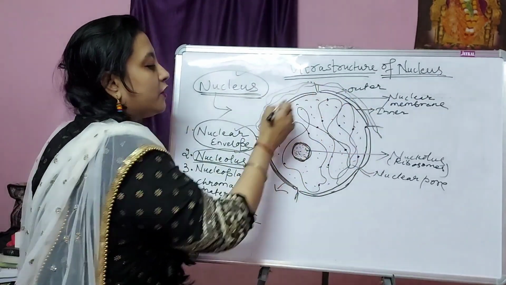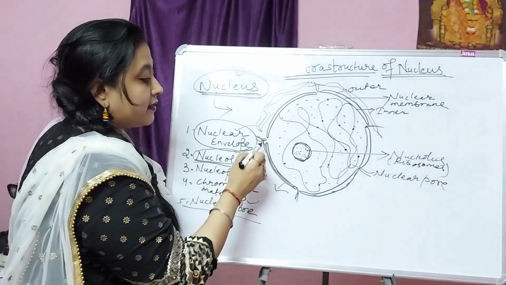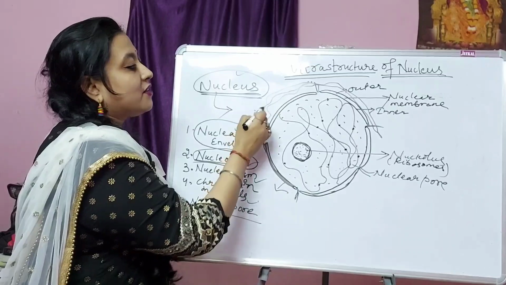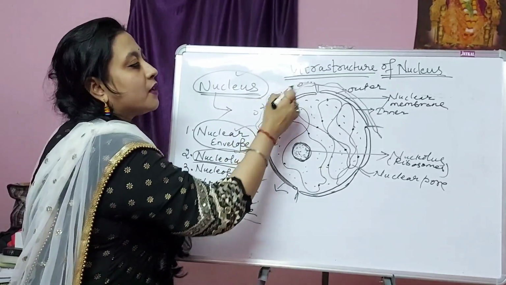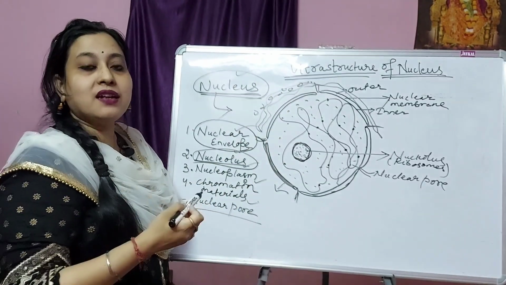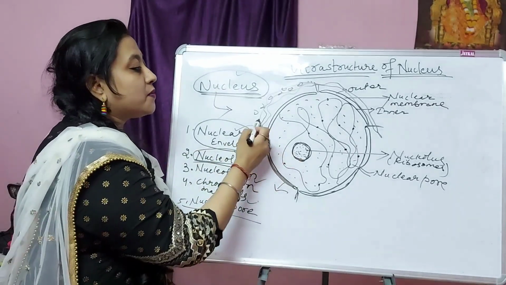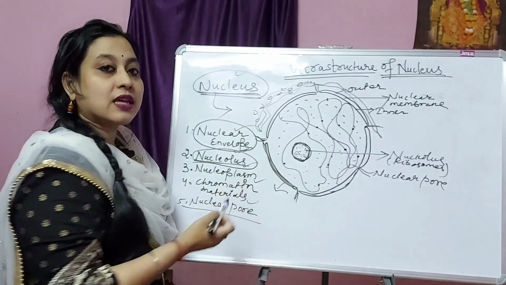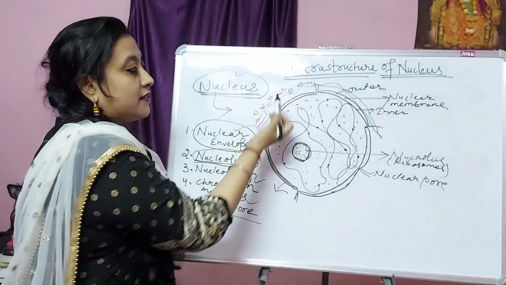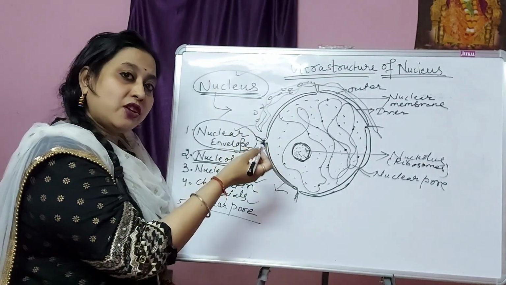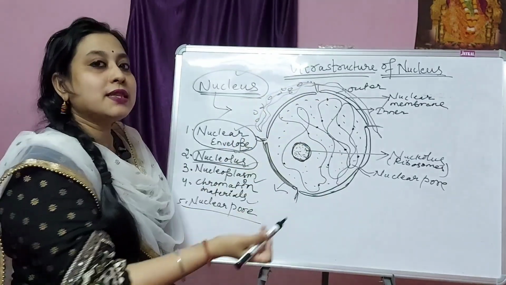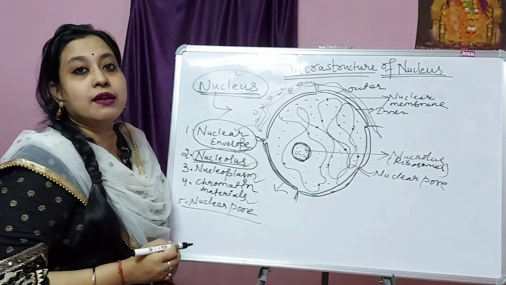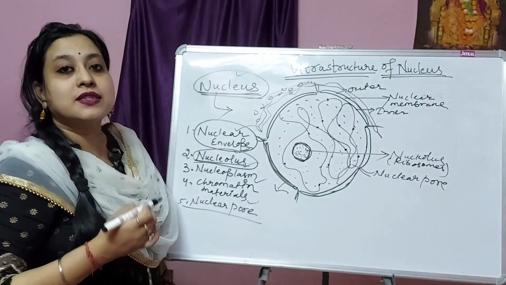The ribosomes coming out of the nuclear pore stick to this endoplasmic reticulum, which makes the surface rough, or they move to the cytoplasm for protein synthesis. So this is the function of the nucleolus: it helps in the synthesis of ribosomes.